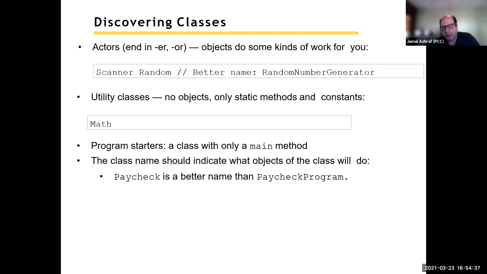So Paycheck program, some of you might think about it as my program, but I'm focusing on the class and I'm not going to call it Paycheck class. I'm just going to call it Paycheck. So Paycheck is generally a class that's going to handle the paycheck.